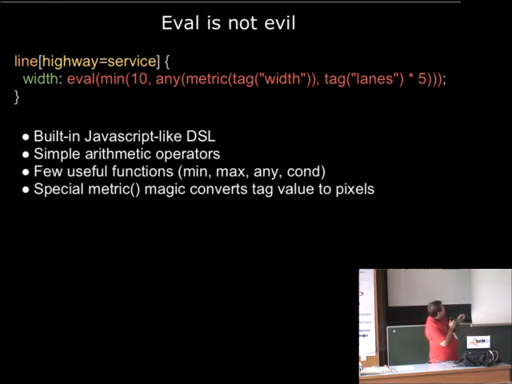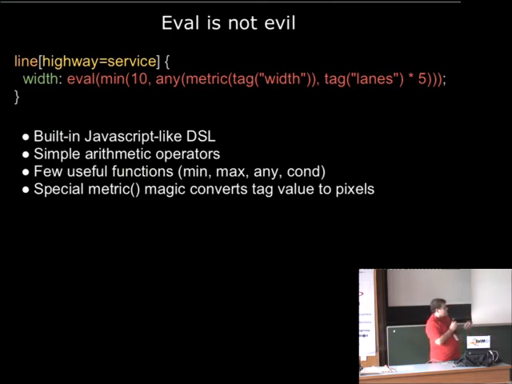So it allows you to provide simple arithmetic operations, a few useful functions like minimum, maximum, any. It means first not zero, conditions like if, else, then, and so on. And some special black magic called metric and zmetric.